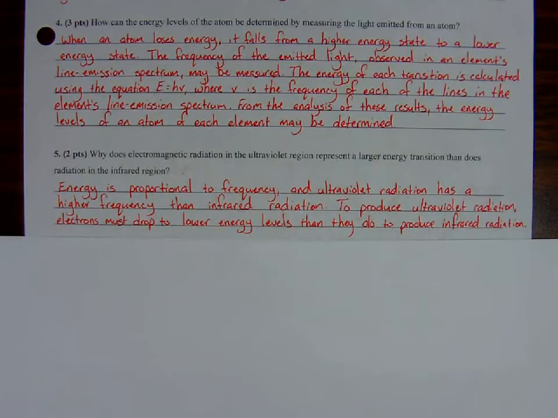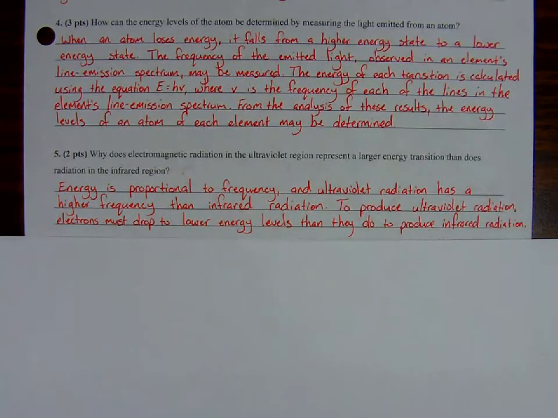And so in order to produce ultraviolet radiation, if electrons must drop to lower energy levels, that means they are having a larger transition in terms of distance from the nucleus. However, that distance traveled between those two energy levels is proportional to an amount of energy.